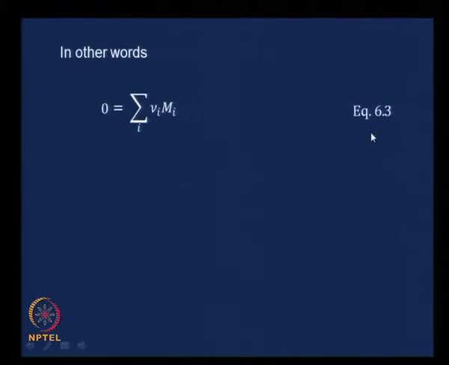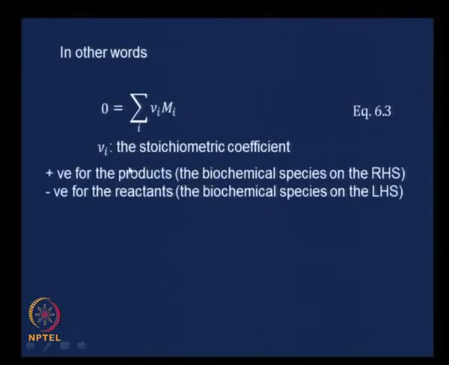Equation 6(3), where nu i is the stoichiometric coefficient, which we will take as positive for the products of the reaction, or the biochemical species on the right hand side of the equation.